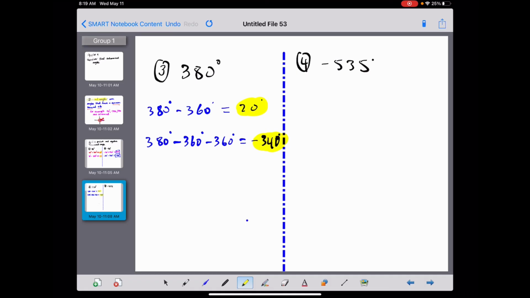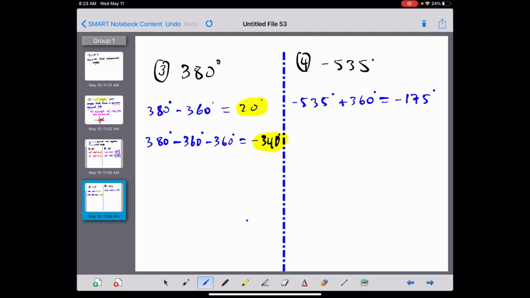Okay, so let's go over number 4. In number 4, we have negative 535 degrees, that's more than 1 circle, right? So to find the positive and the negative, we just keep on adding circles, okay? So negative 535, we're going to add 360 degrees, and that's going to give us negative 175 degrees.